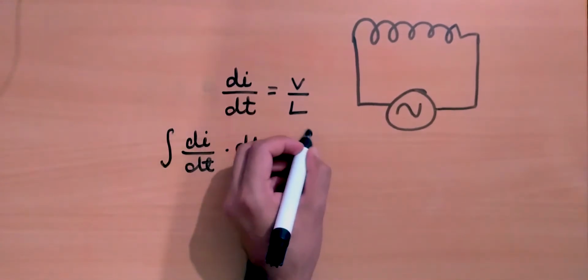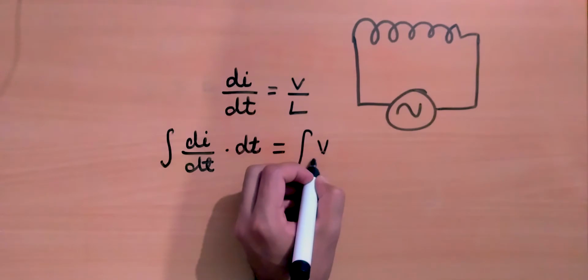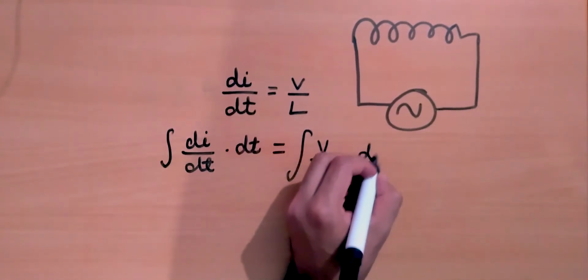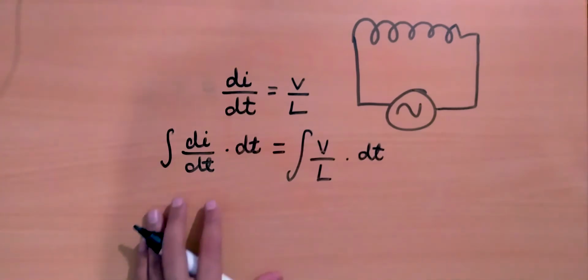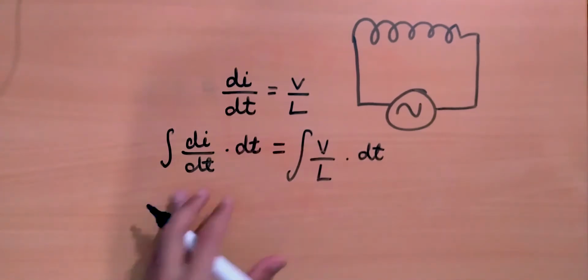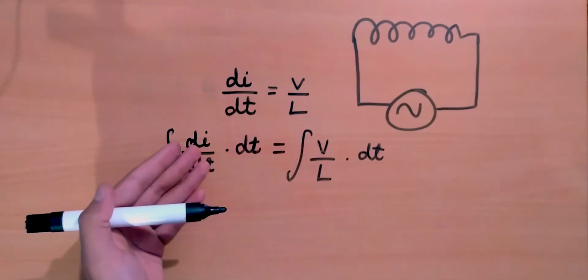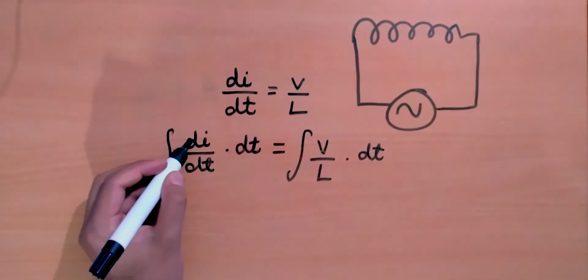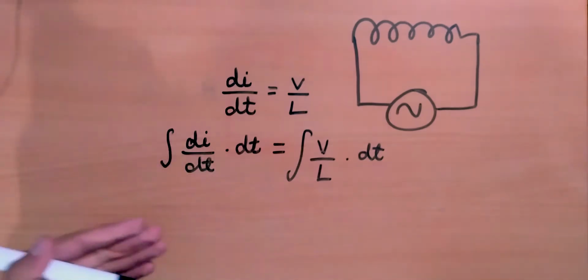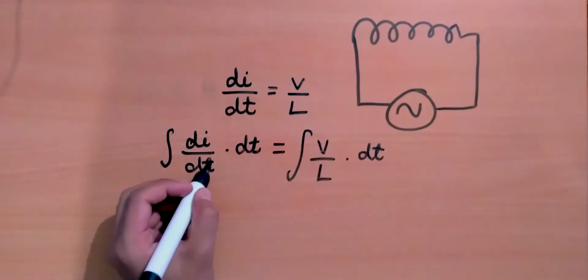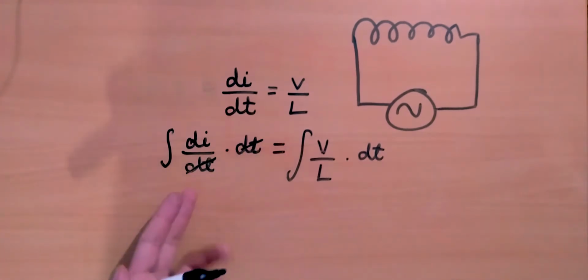That equals the integration of the source voltage divided by the inductance with respect to dt. Now, if I'm trying to integrate the rate of change of current, I should obviously get current. Or, if you want to go a bit mathematically, you can simply cancel the dt and the dt, a small change in time.